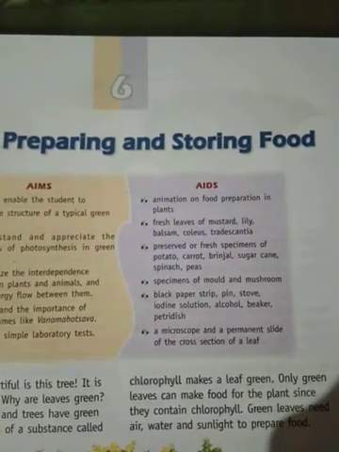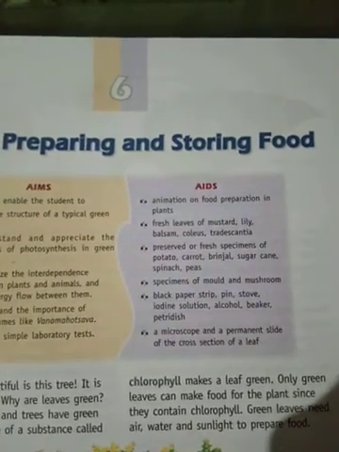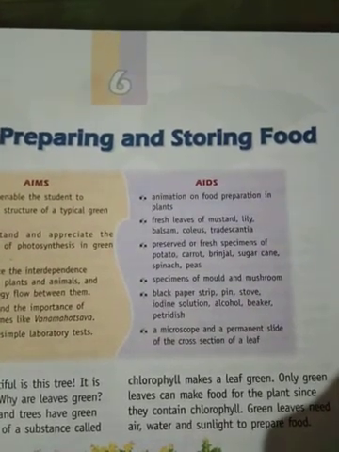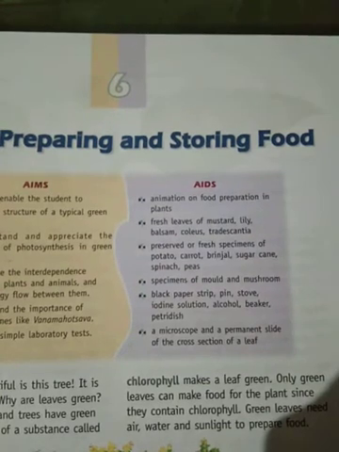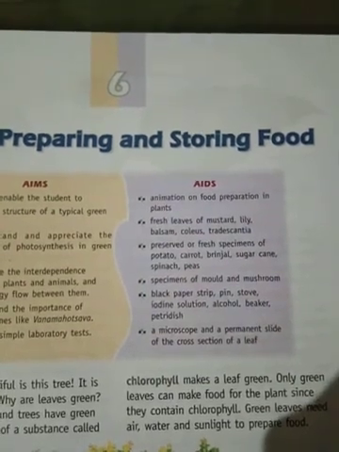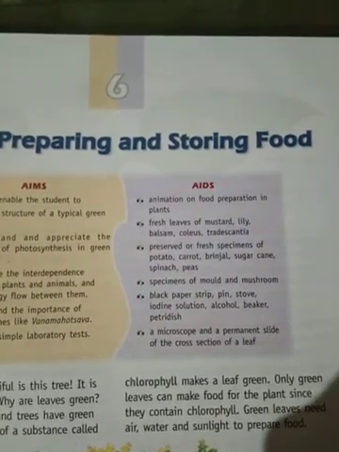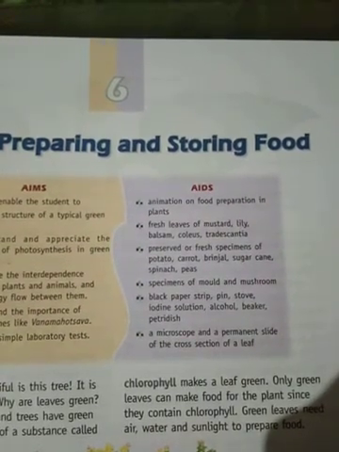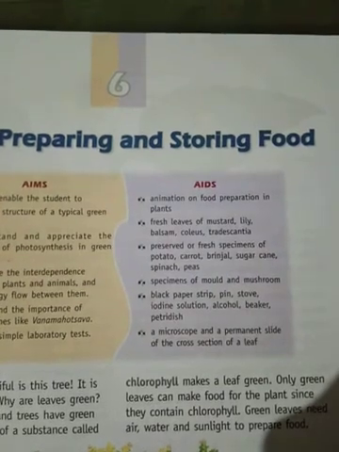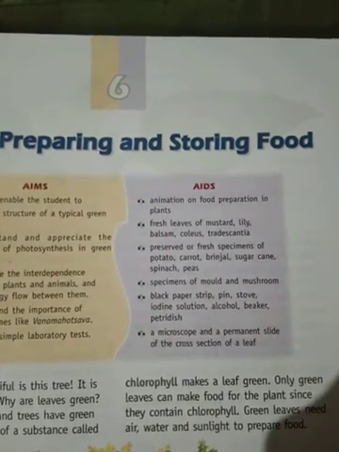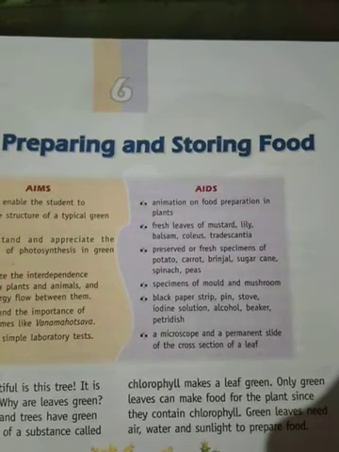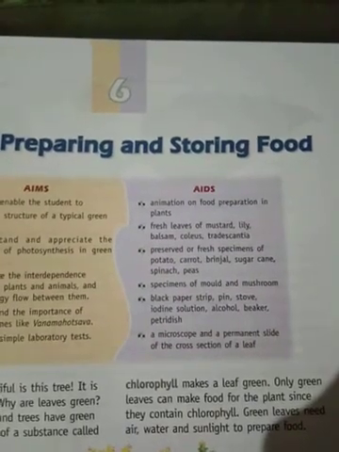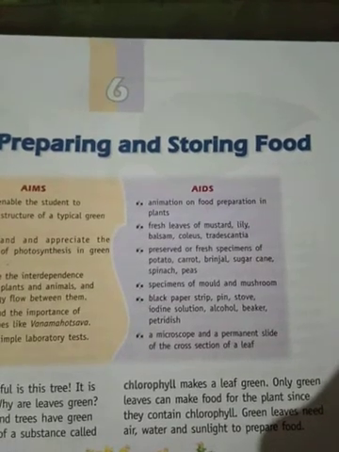So these are the important apparatus that we need to complete our activities. The last is a microscope and a permanent slide of the cross section of a leaf. These are the experimental aids which we need to understand the concepts of this chapter thoroughly.